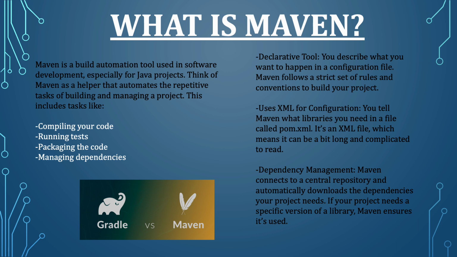While this file uses XML and can be a bit complex, it clearly defines the structure of your project. One of Maven's most useful features is dependency management, which allows it to automatically download the necessary libraries from a central repository, ensuring that your project always uses the correct versions of those libraries. In short, Maven streamlines the build process, making it more efficient and less error-prone.